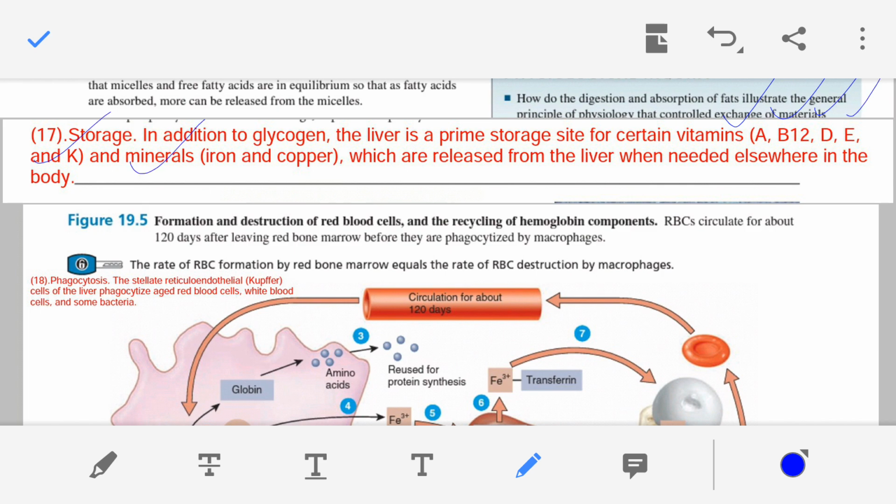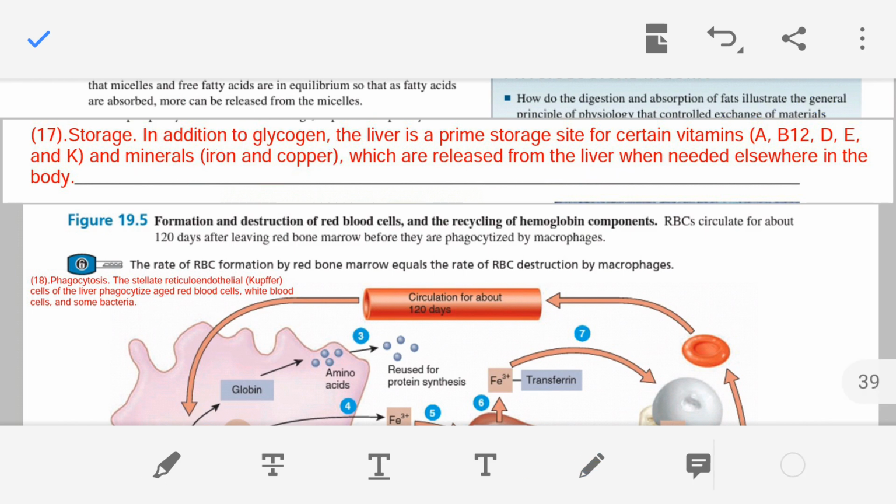Then the minerals, iron and copper, are stored in the liver. And whenever there is a requirement, the liver can release the stored vitamins and minerals into the bloodstream. Okay, so this is point number 17.